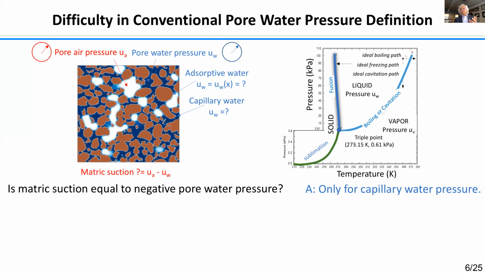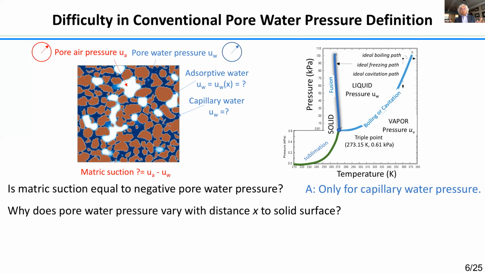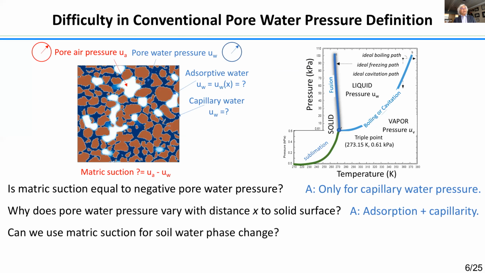Why does the pore pressure vary so much? The answer is because of the absorption, because of the existence of absorption. And can we use the matrix suction that we define here, using the difference between air and water, to look at the phase to determine what phase the water will be in?